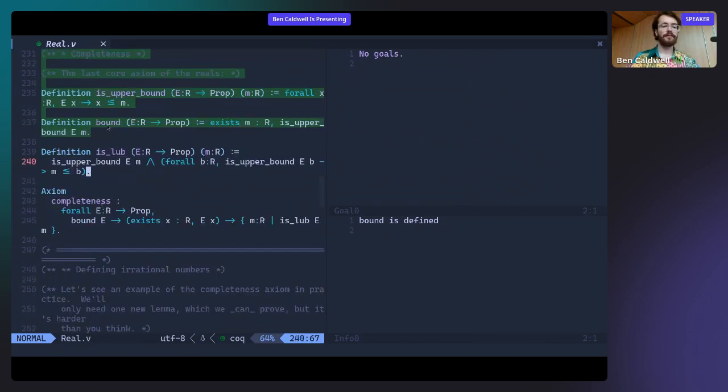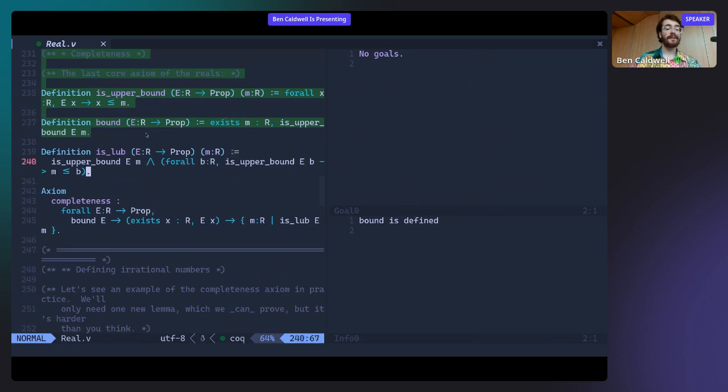Right, and so we'll have the definition of what it means to be a bound, which means it is an upper bound, not a least upper bound. To be an upper bound just means that for everything that satisfies a proposition, you're larger than it. To be a bounded proposition means there exists an upper bound.